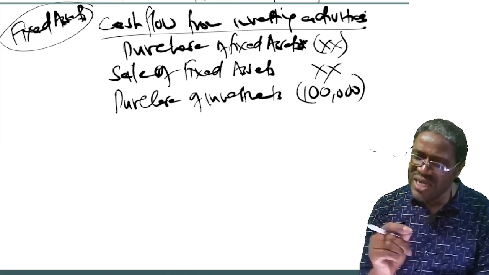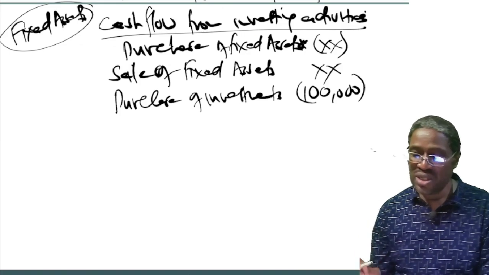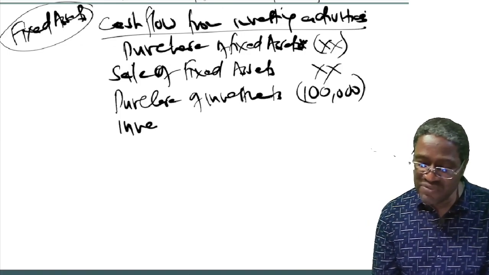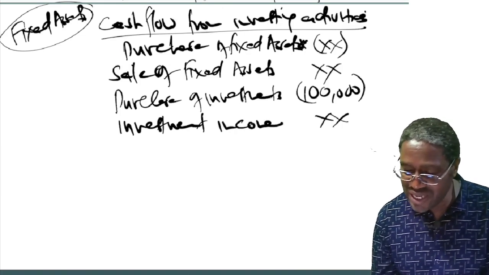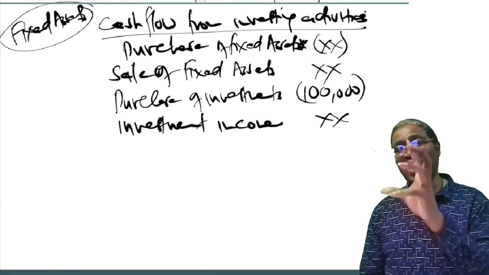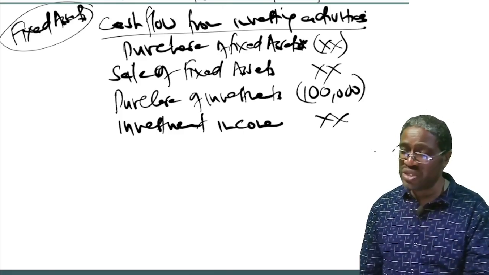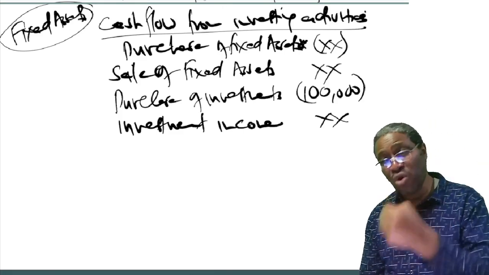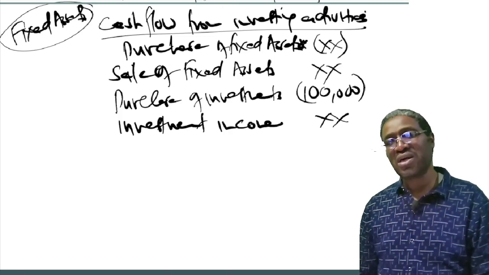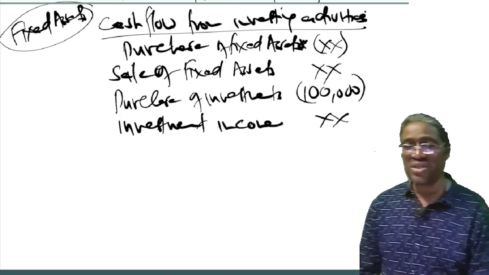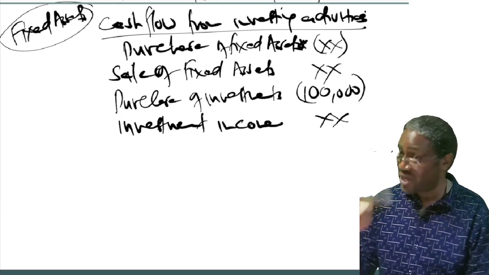The investment income that you earn from your investments should also be classified as an investing activity. Any investment income should be classified as an investing activity. You purchase more investments, or you had long-term investments, therefore you got income. That investment income is classified as an investing activity. Don't forget, the investment income is not classified as an operating activity.